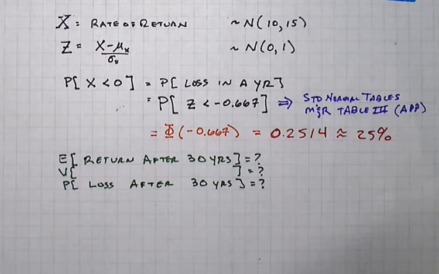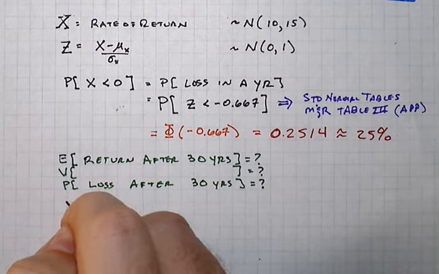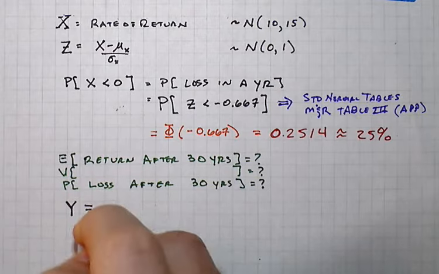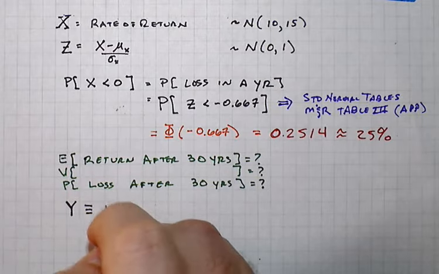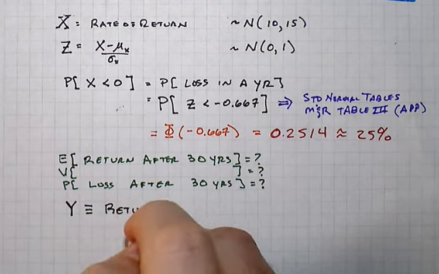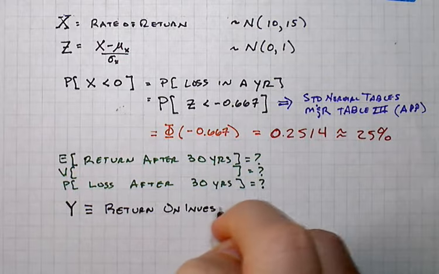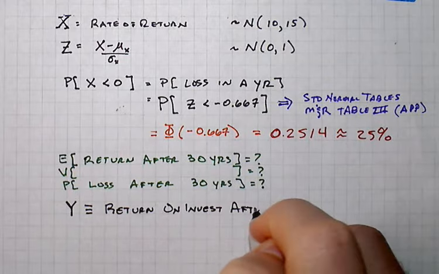All interesting questions, and we're not going to answer it, but we're going to set it up slightly. And one of the ways that you might do that is you might come back and say, okay, let's let y be the return on investment after 30 years.